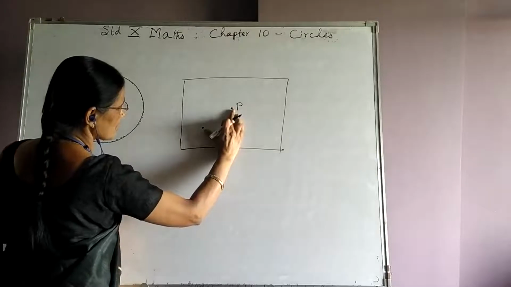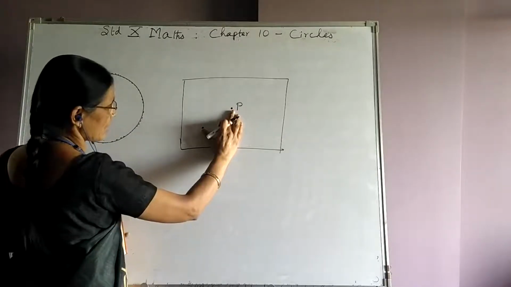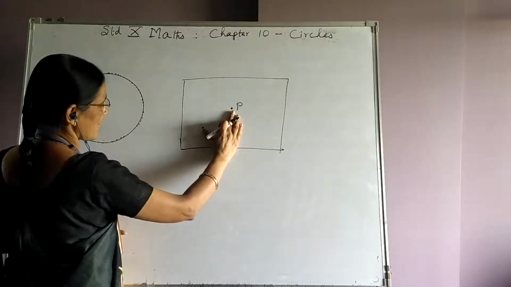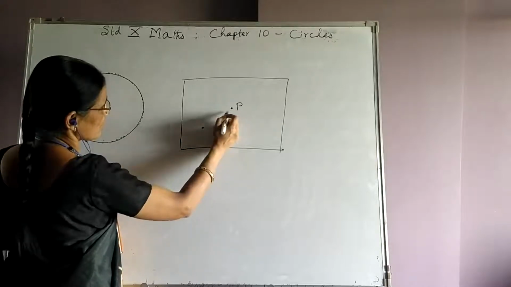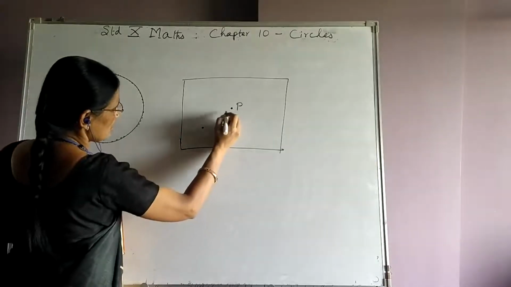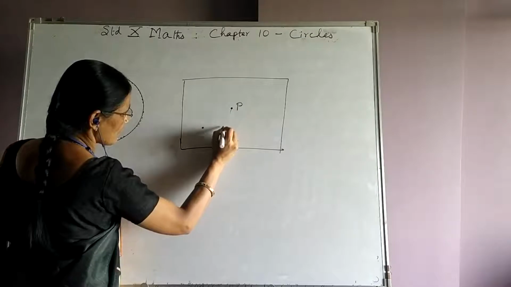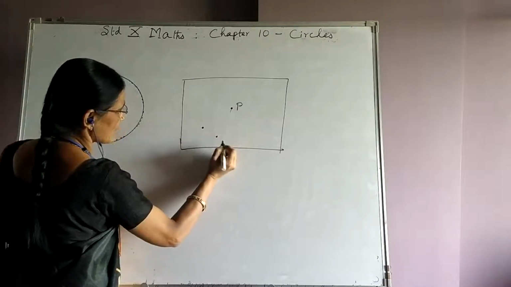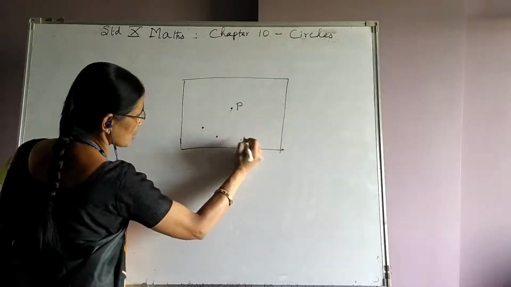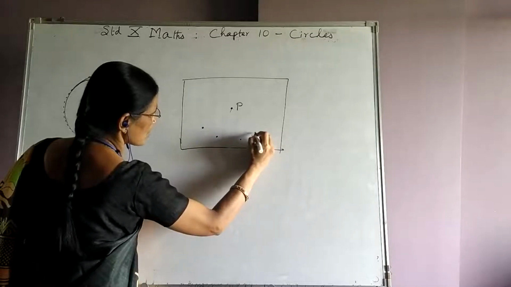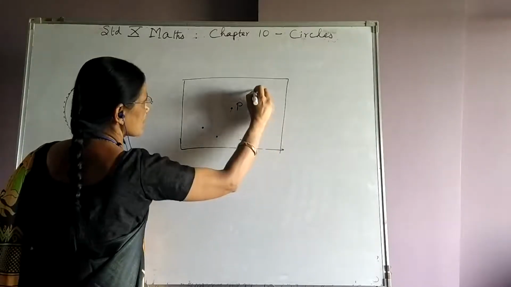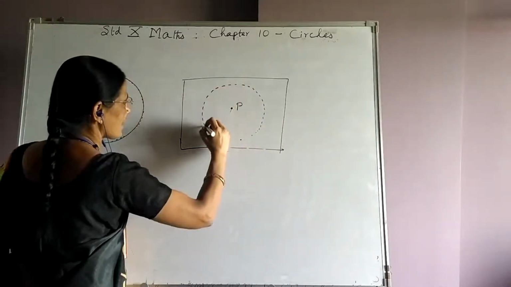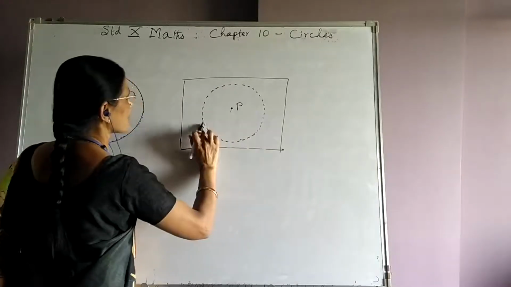If I measure this, I am getting 4.8. This 4.8 is any random real number. In this direction also I measure 4.8 and I take a point. In all the possible directions I measure 4.8 centimeter and I start collecting the points, right?